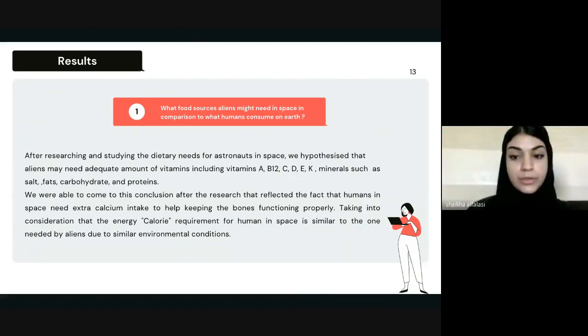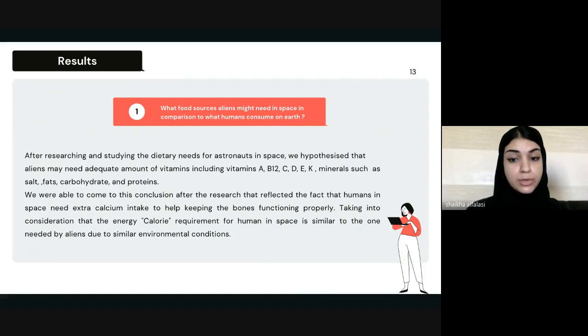Results. What food source might aliens need in space in comparison to what humans consume on Earth? After researching and studying the dietary needs of an astronaut in space, we hypothesized that aliens may need an adequate amount of vitamins, including vitamin A, B12, C, D, E, and K, minerals such as salt, fats, carbohydrates, and protein.